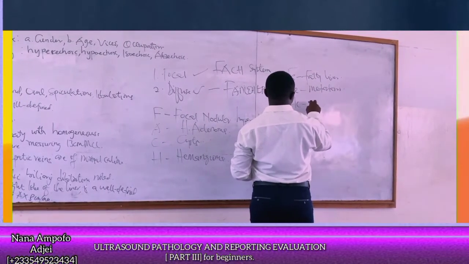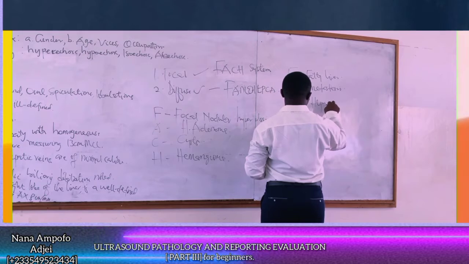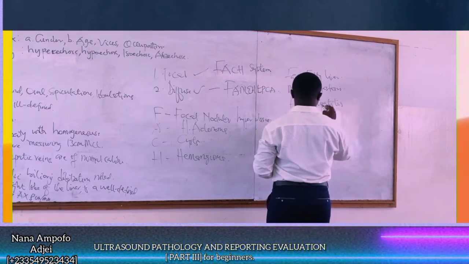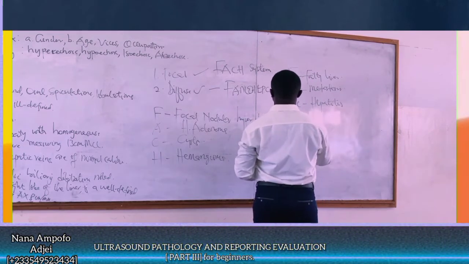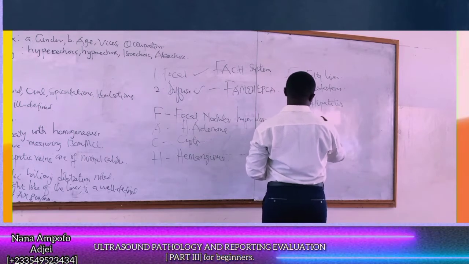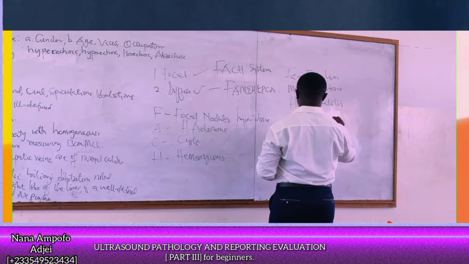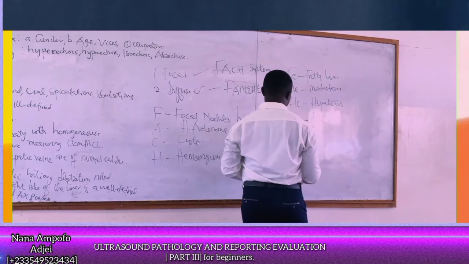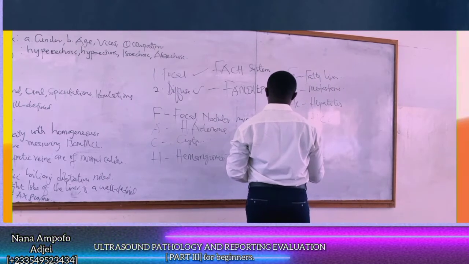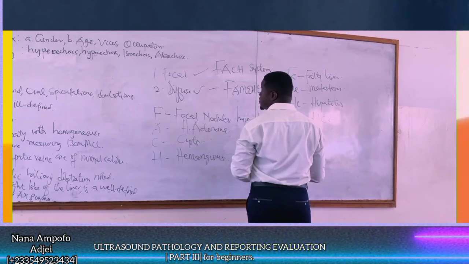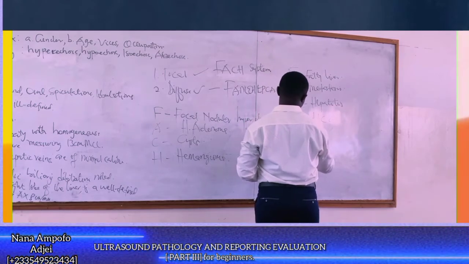HE. And then CA, carcinoma. And then what else? C. C is what? Cirrhosis.